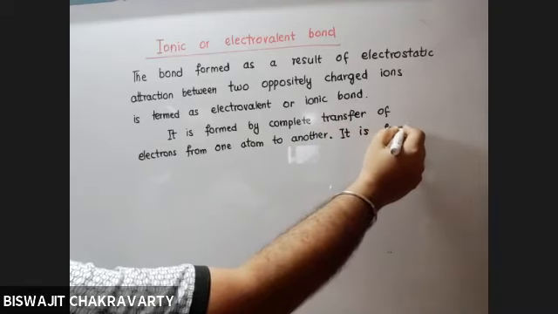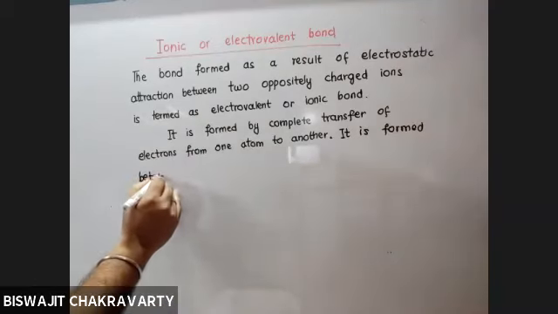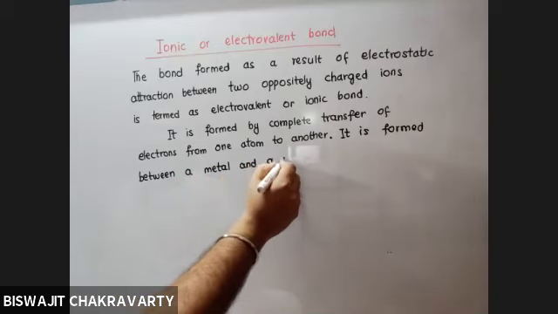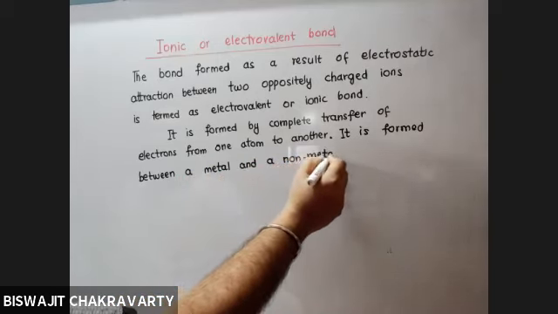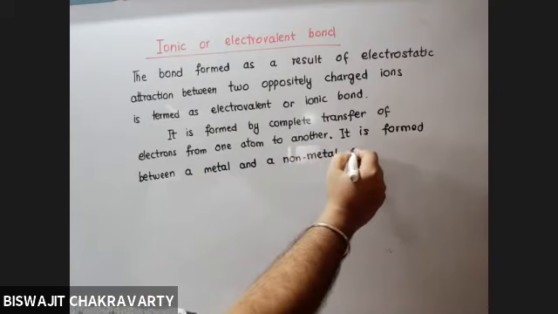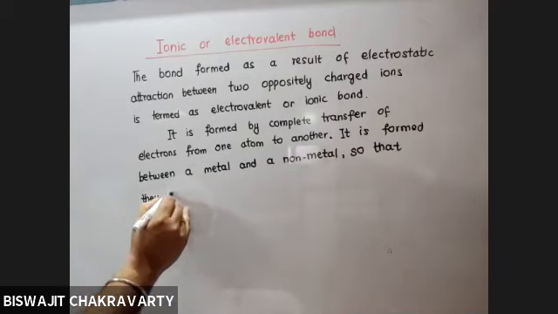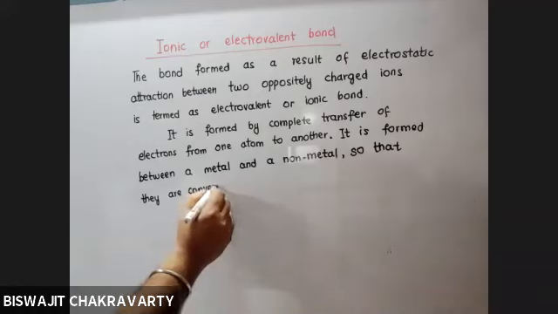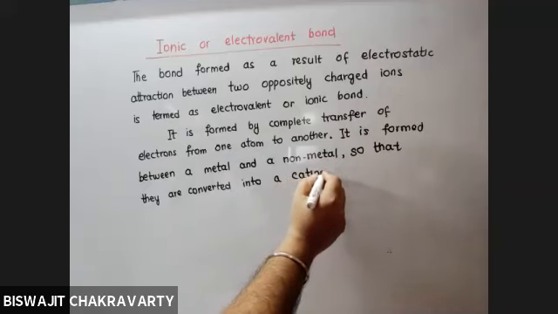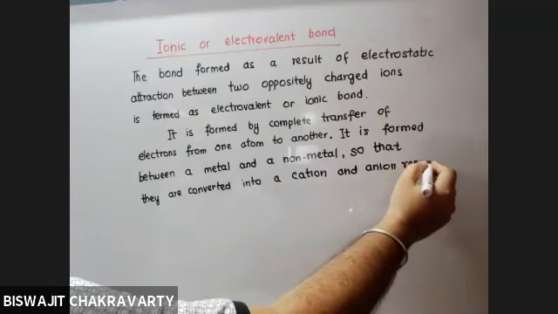It is formed between a metal and a non-metal so that they are converted into a cation and anion respectively.